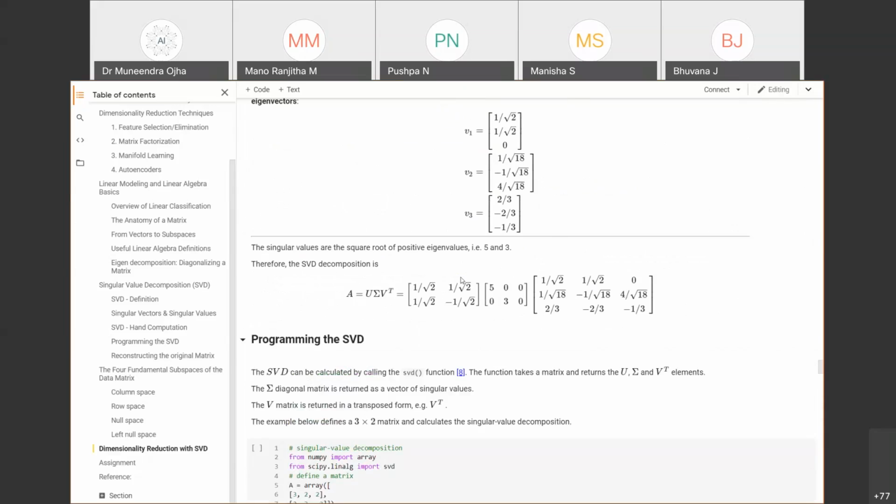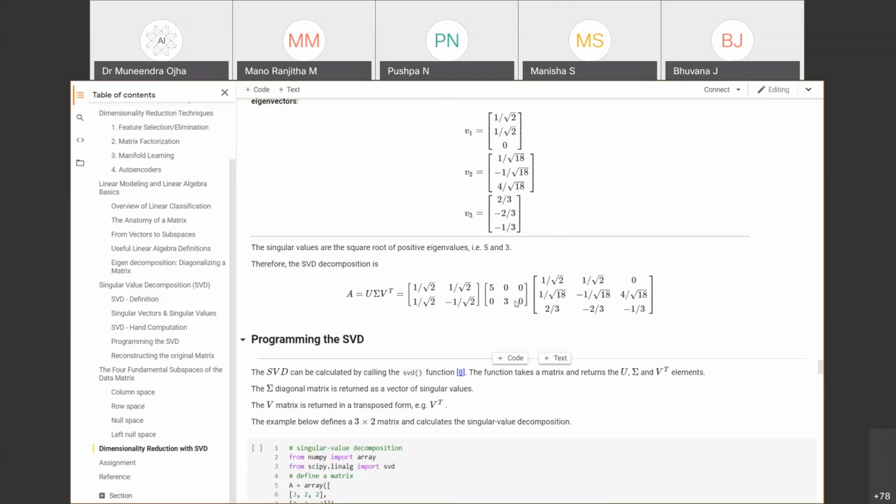Now from that, I was able to find the zero singular values and non-zero singular values. In this example, there is only one matrix V which has a zero singular value. But with that also, I'll be able to give this example that the zero singular value and its corresponding columns are ignored. Okay. So we will ignore zero singular values.